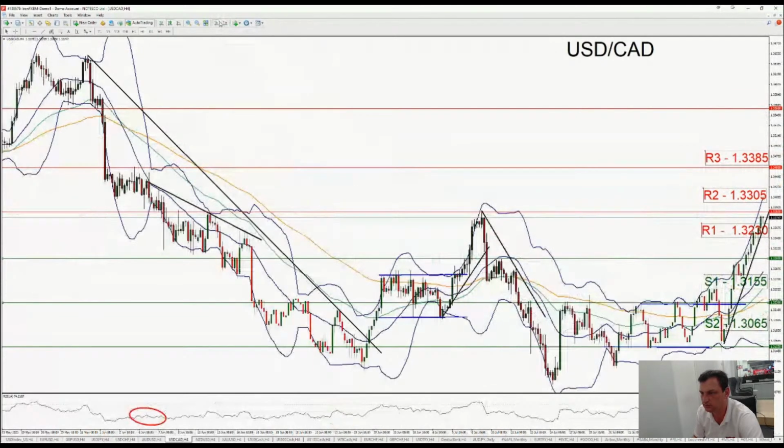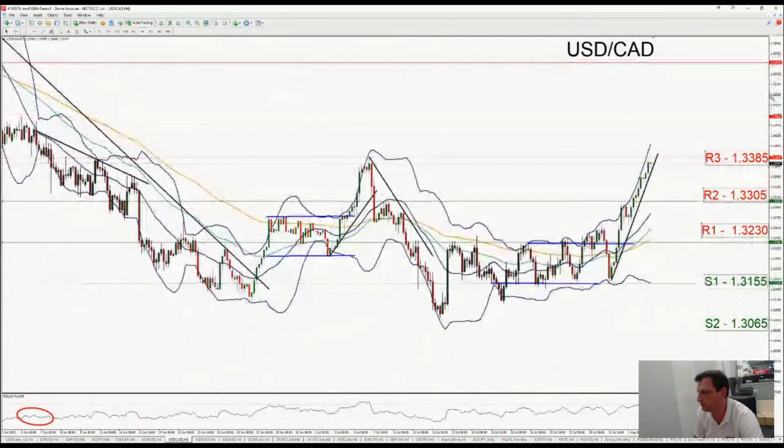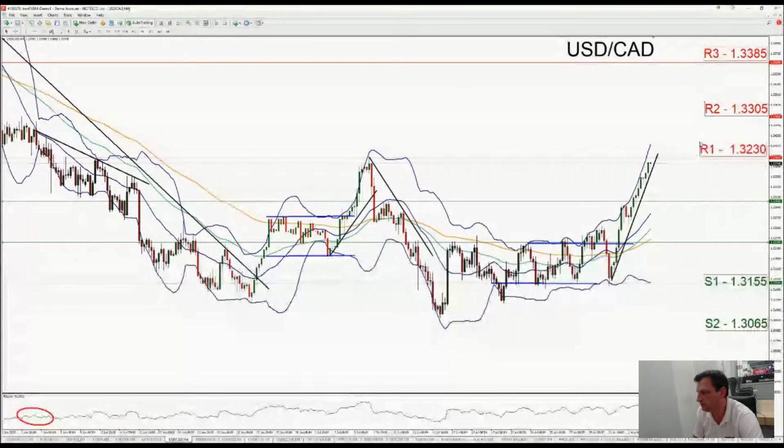Readjusting the chart. Repositioning the labels. It's interesting how the Canadian dollar continued to weaken against the US dollar despite the rise of oil prices.